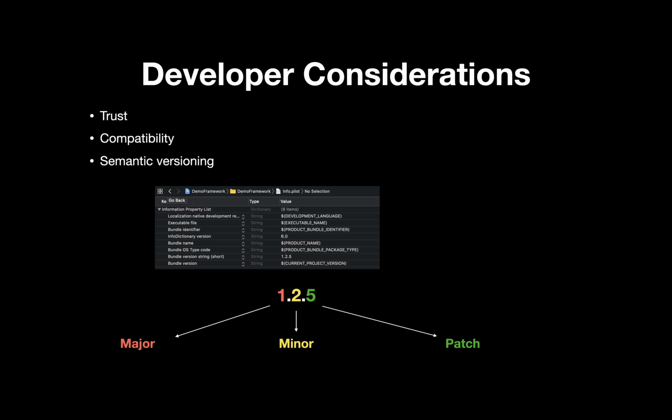Now moving on to developer considerations: what the application developers should do when using a third-party framework, and what the framework author should do when building frameworks. In case of application developers, make sure you trust the source of the framework.